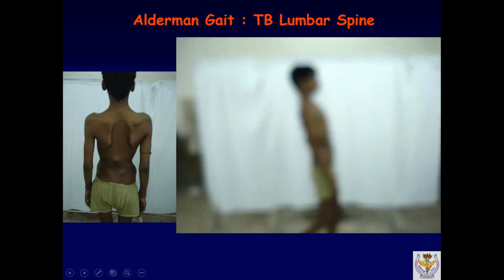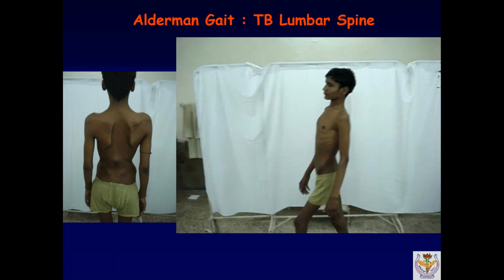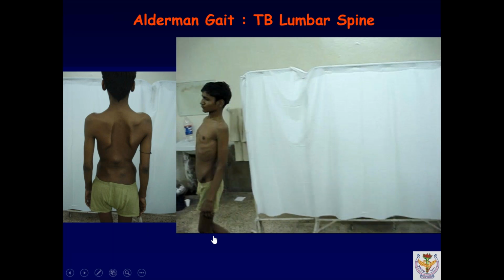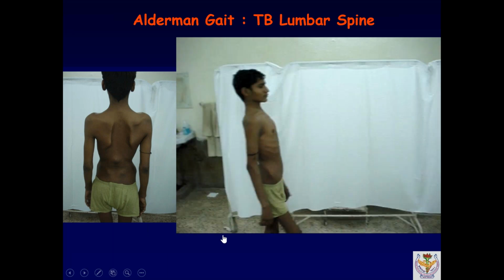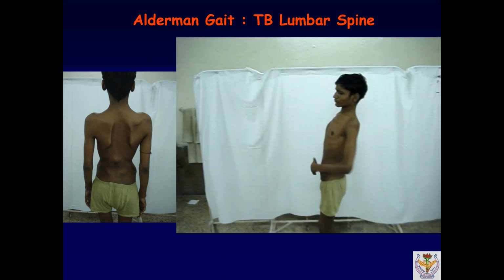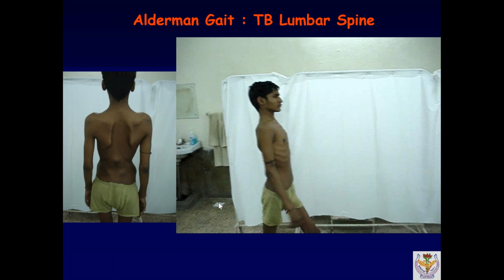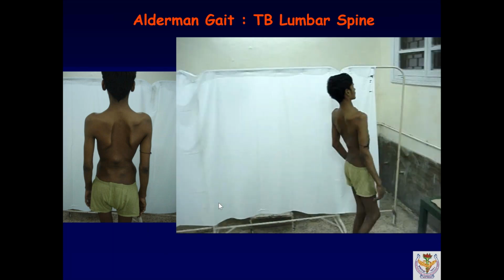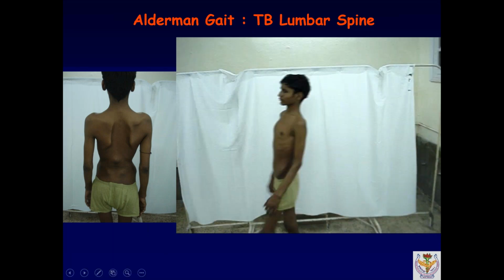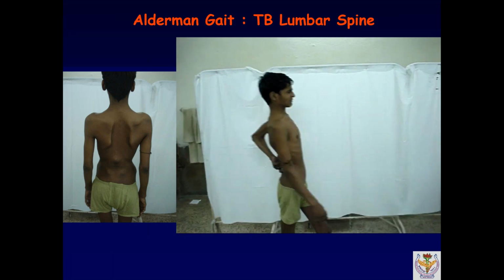So city councillors are walking in the city with their lordotic gait, as if they're the lord of the city. That is why this term has come, alderman gait. And you can see here that there is no lurch, there is no movement of the trunk. Instead, because of the muscle spasm, there is a guarded gait without any movement of the lumbar spine taking place. It's very painful, there is wincing also.